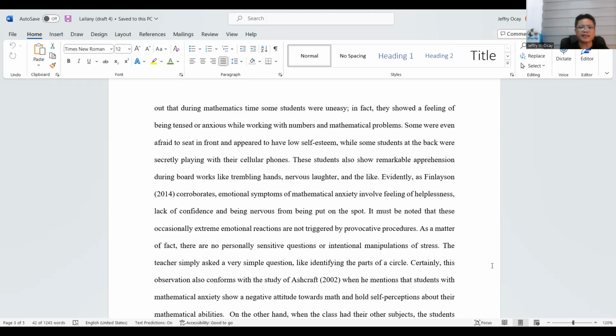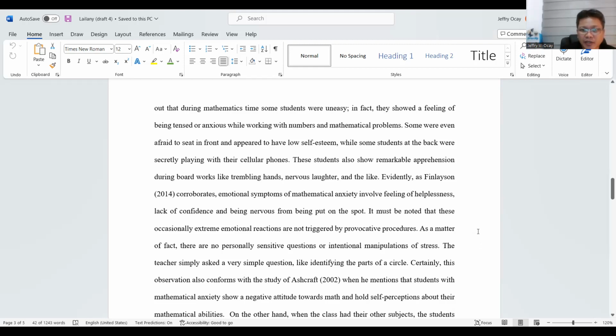While some students at the back were secretly playing with their cellular phones. These students also show remarkable apprehension during board works like trembling hands, nervous laughter, and the like. Evidently, as Finlayson corroborates, emotional symptoms of mathematical anxiety involve feeling of helplessness, lack of confidence, and being nervous from being put on the spot.